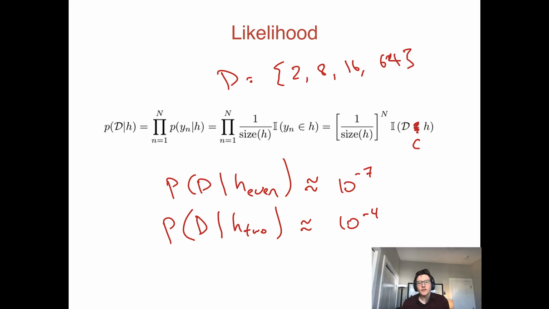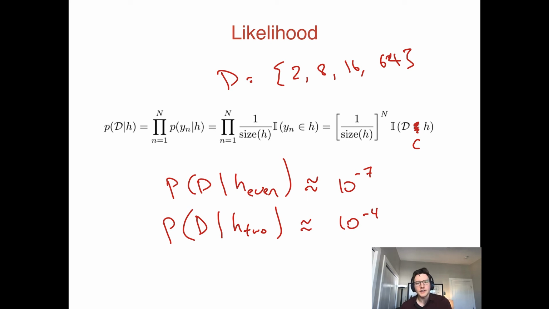Okay, but that's not the whole story, because using just the likelihood, we would think that the concept powers of 2 except 32 is going to give us a better likelihood, because the size of h is going to be smaller. So there must be something else that tells us that the powers of 2 is a better concept.